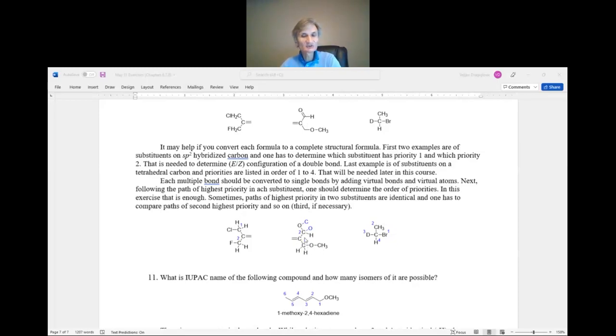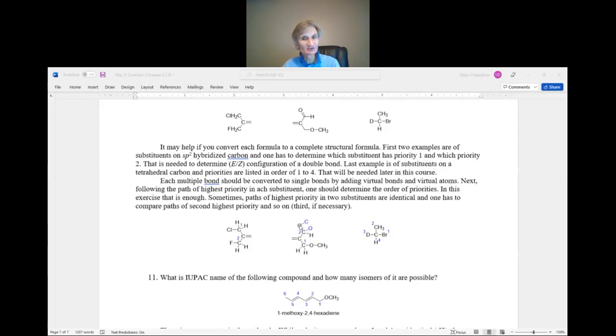It's a good idea to follow the path of highest priority and draw a complete structural formula. For the top one, you redraw the substituent, but instead of a carbon-oxygen double bond, you draw a carbon-oxygen single bond. For the carbon atom, which used to have a double bond, you draw another single bond; that's a virtual bond. What is at the other end of that bond for this carbon?